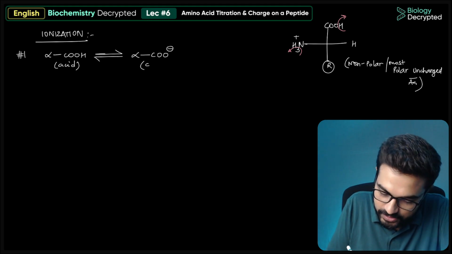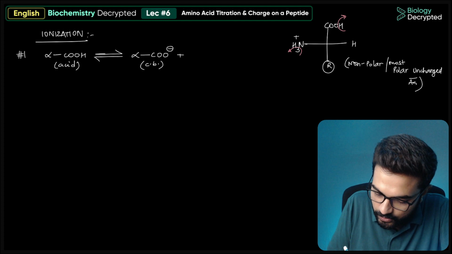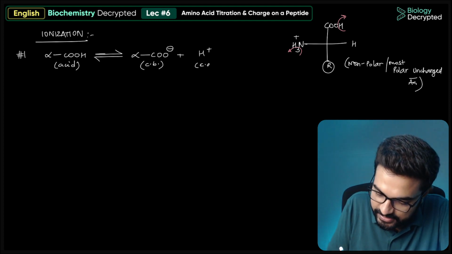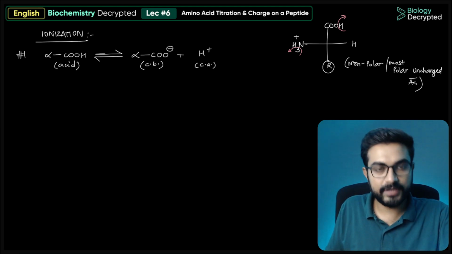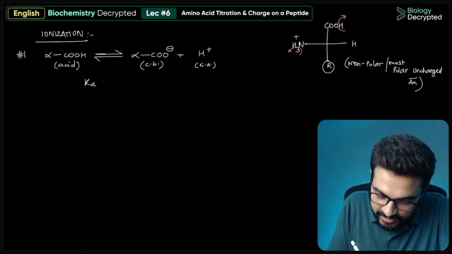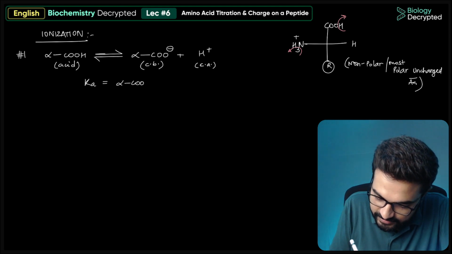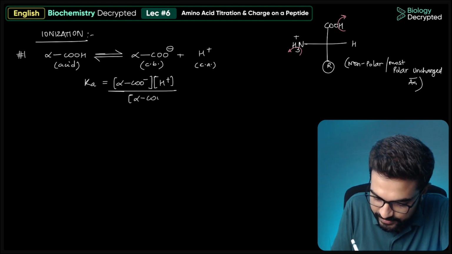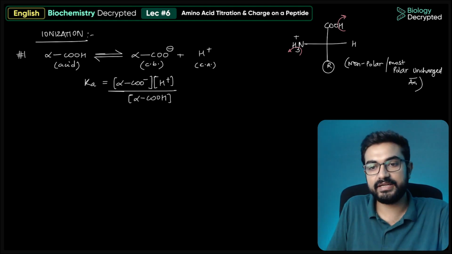Along with it, it is also forming a conjugate acid, that is the H plus ion itself. Now if you try to write the Ka, that is the dissociation constant, we can write alpha carboxylate times H plus ion concentration divided by alpha carboxylic acid. This is how we write the Ka expression.